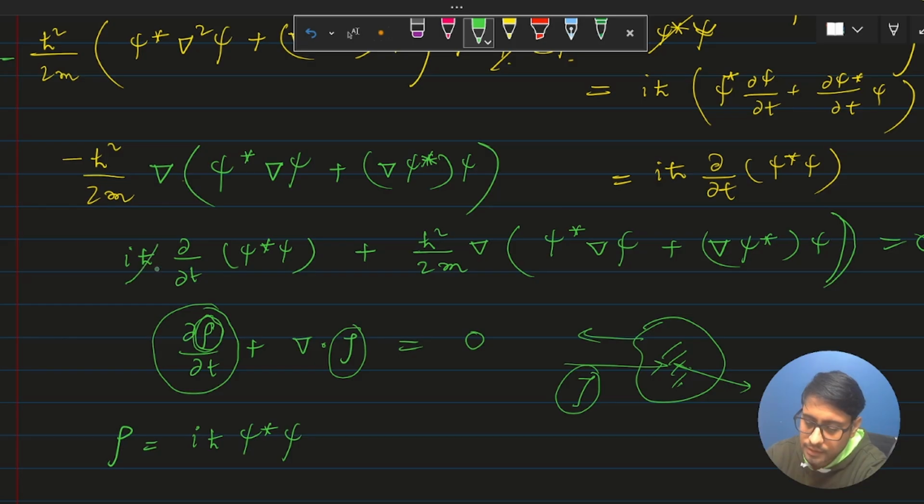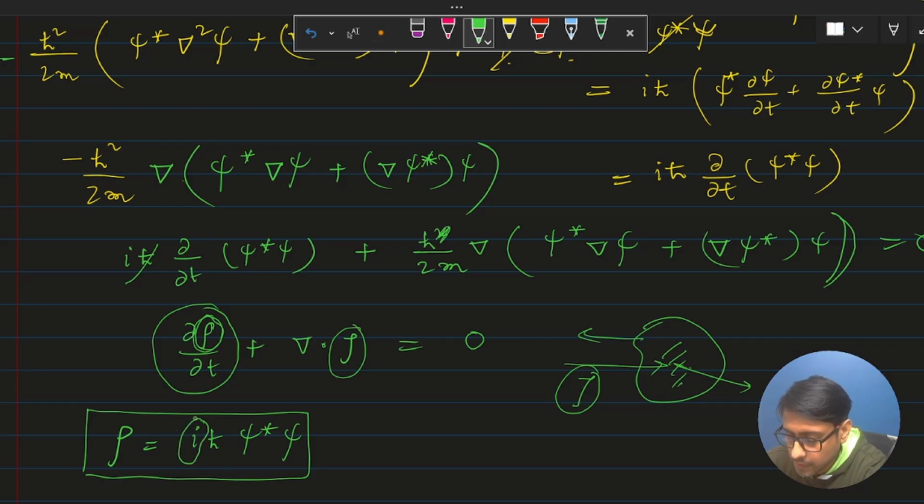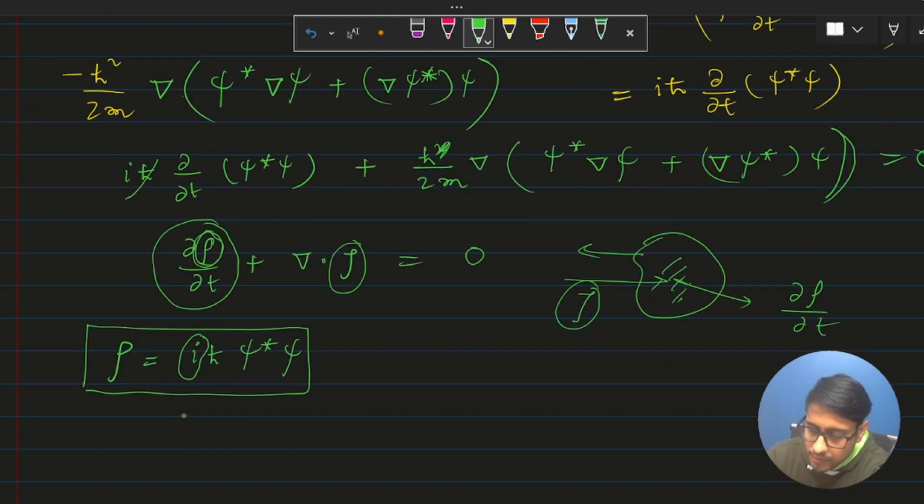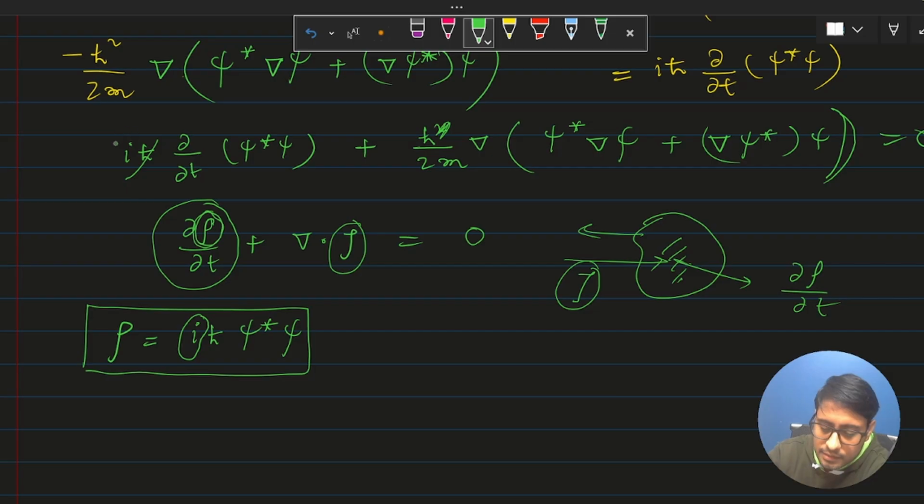If I cancel this h bar, we can cancel it out, and also we can divide, because I cannot write rho directly like this. A physical quantity cannot be complex, cannot be represented by a complex number. So directly writing like this can be wrong, so we will divide the whole equation by this i h bar, and finally we get del over del t of psi dagger psi.